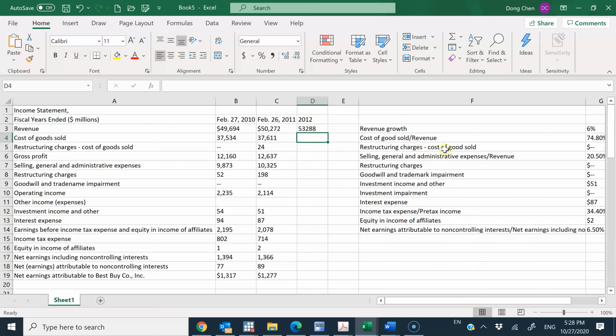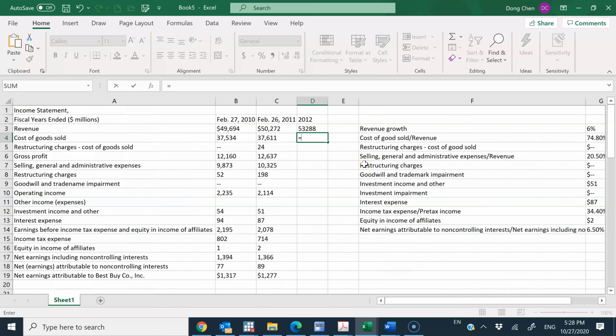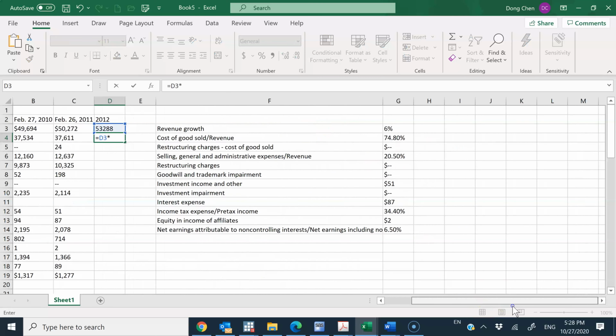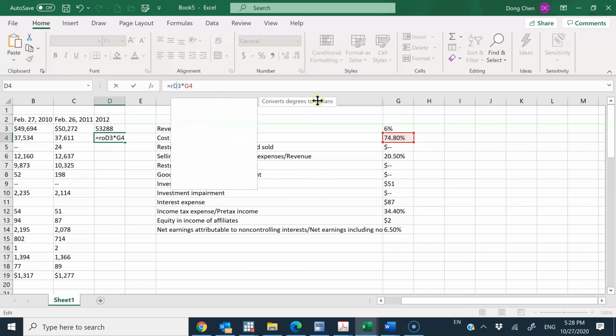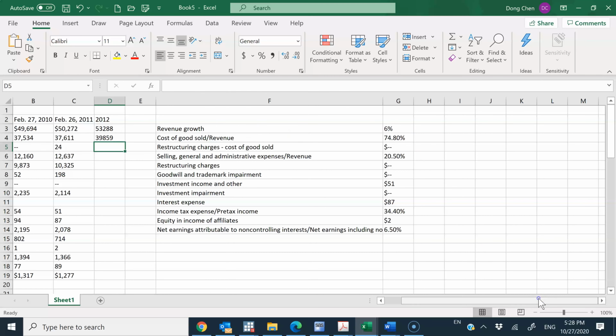And cost of goods sold is assumed to be a percent of revenue as a convention. So we can use the forecasted revenue times this percent, and again use the round function to 0 decimal places.